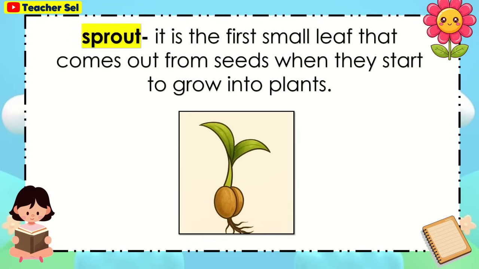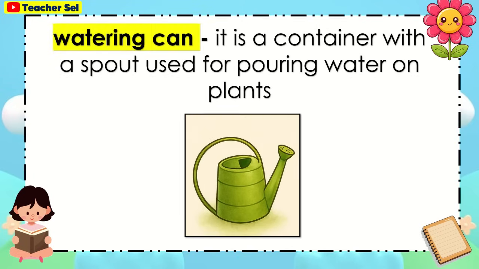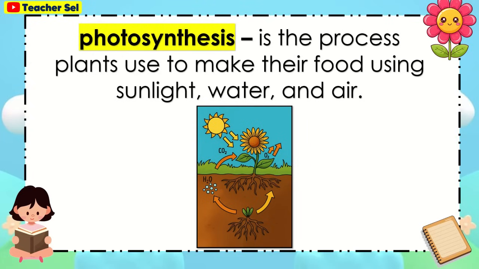Sprout, it is the first small leaf that comes out from seeds when they start to grow into plants. Watering can, it is a container with a spout used for pouring water on plants. Photosynthesis is the process plants use to make their food using sunlight, water, and air.